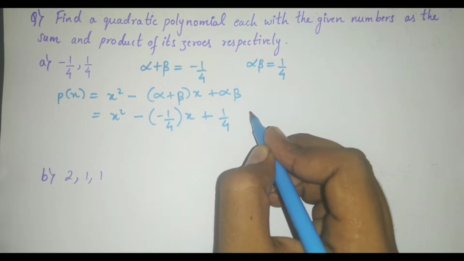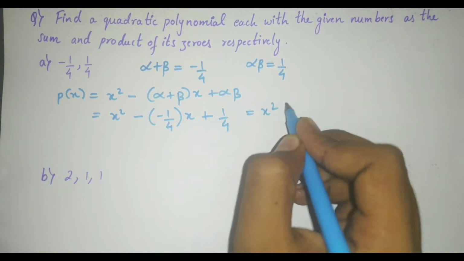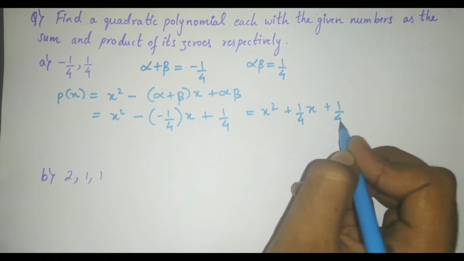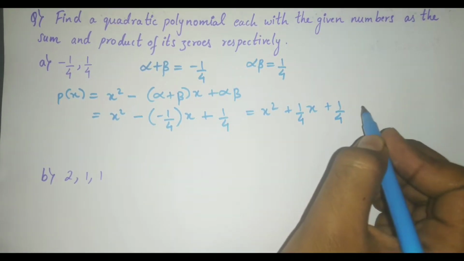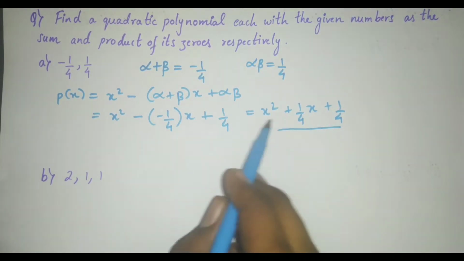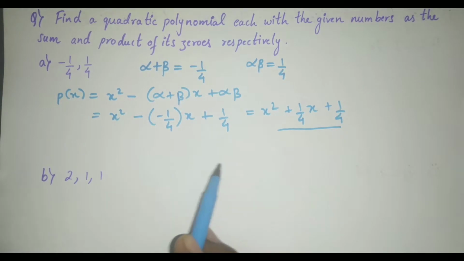So we get x square plus 1 by 4 x plus 1 by 4. So we can conclude that this is the required polynomial. Otherwise you can take the LCM also, so that you will get it in a similar way.